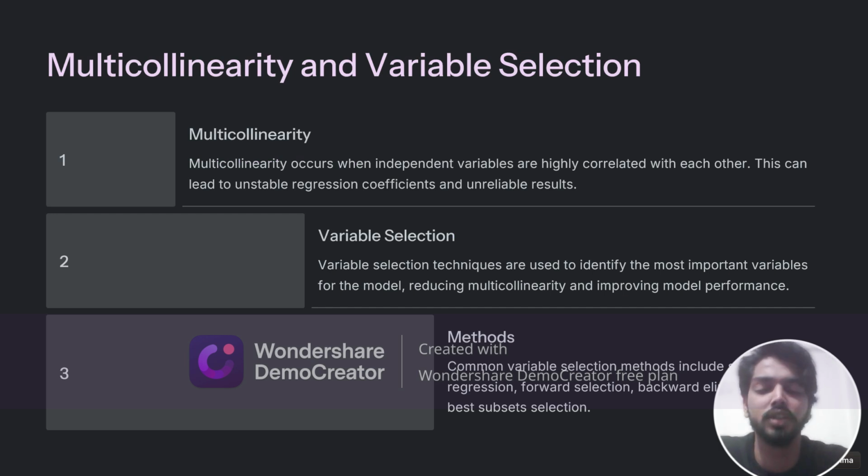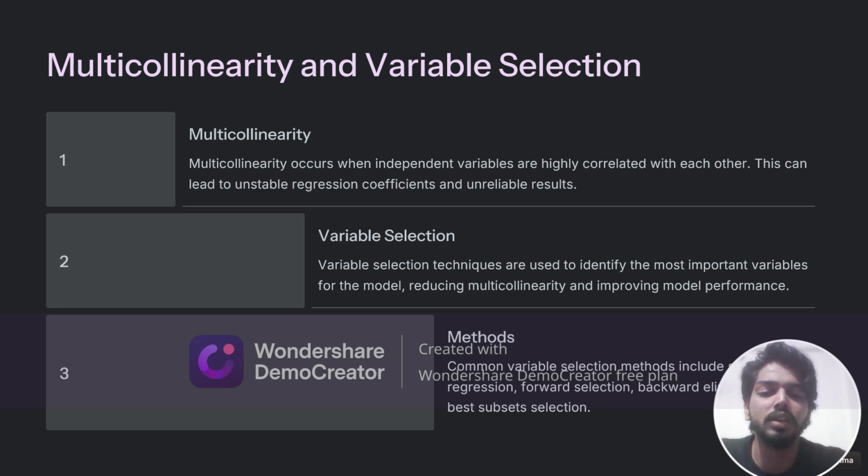Multicollinearity and variable selection. Now, multicollinearity and variable selection are two of the most important steps in linear regression. Multicollinearity occurs when independent variables are highly correlated with each other. This can lead to unstable regression coefficients and unreliable results.